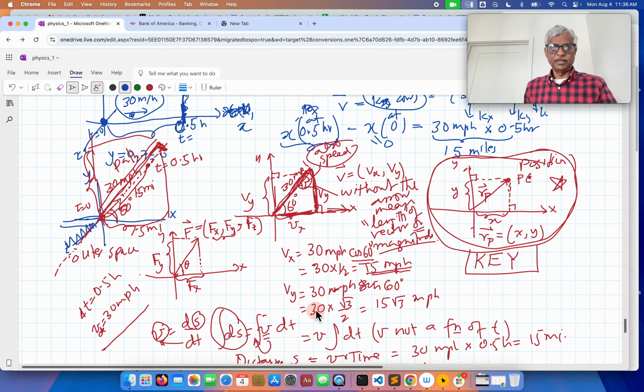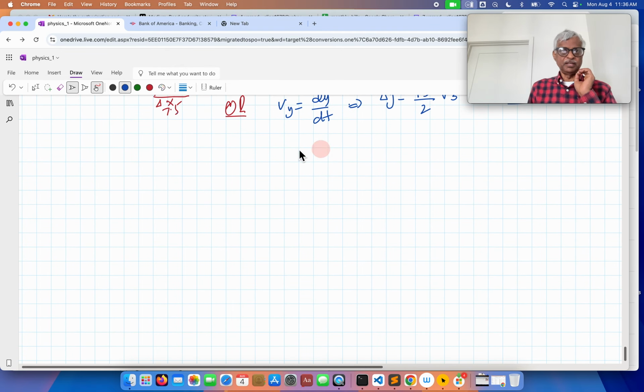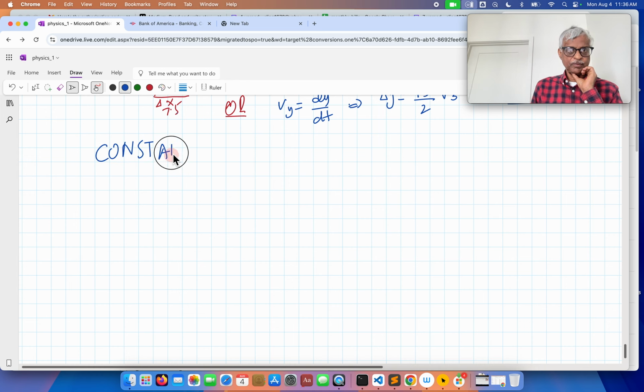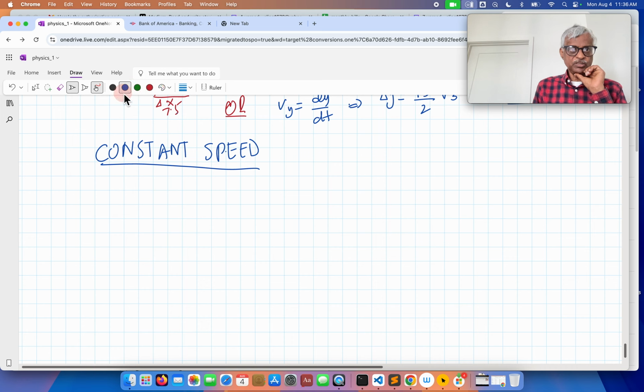The next one is constant speed. The constant speed case is another really simple one.